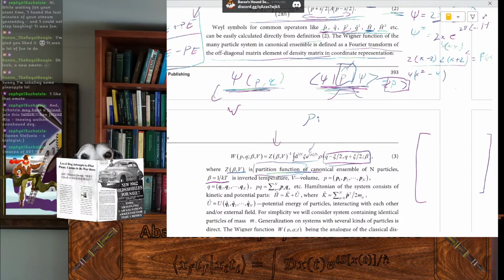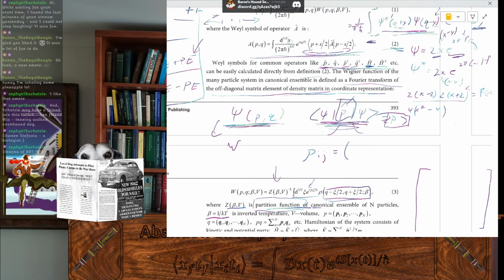Rho ij is... what's p used for? This is a different p variable. What are you using as a variable for p here?